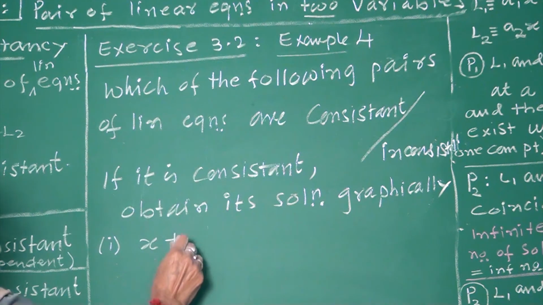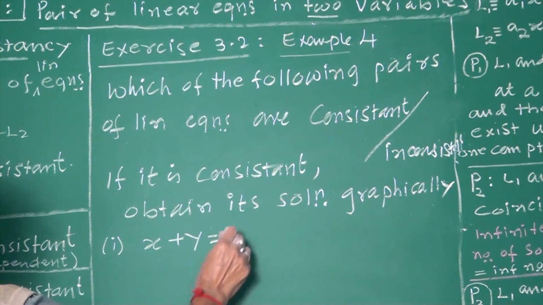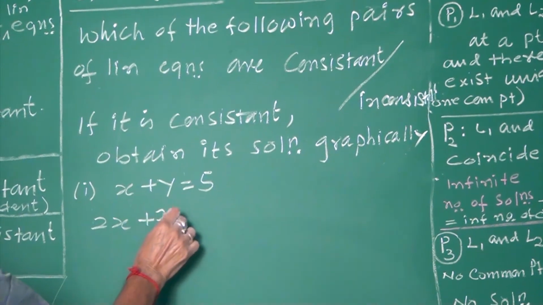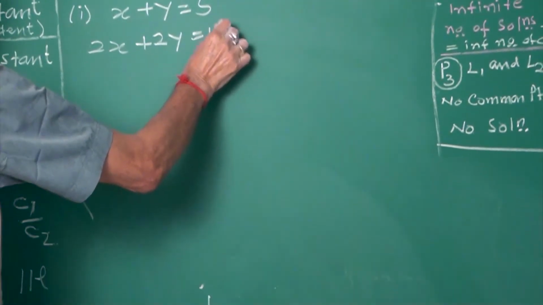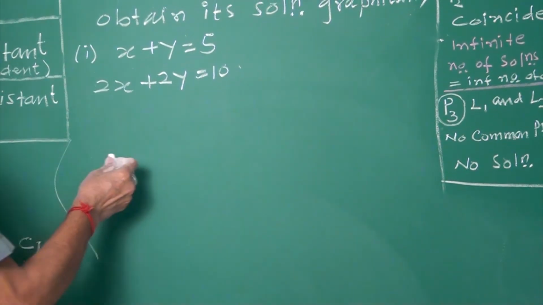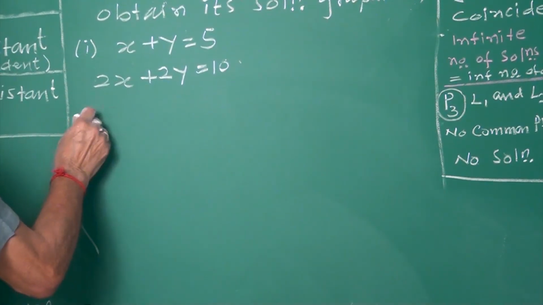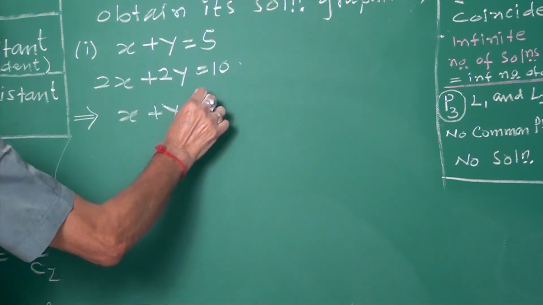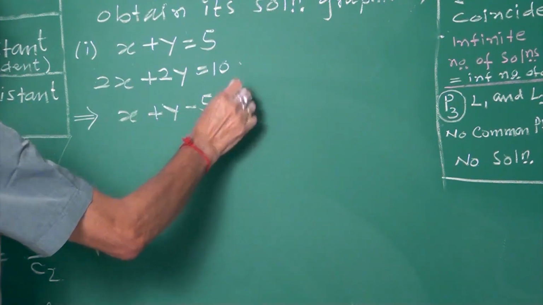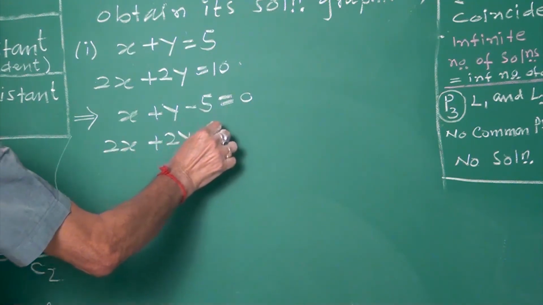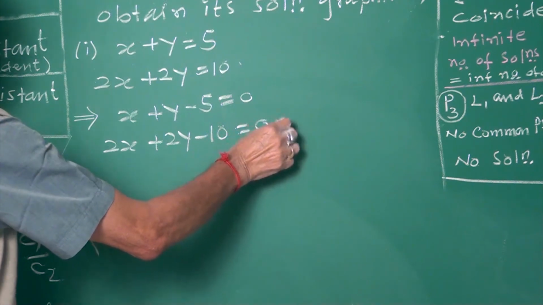Given equations are x plus y equal to 5, 2x plus 2y equal to 10. Yes, friends, this can be written as, taking this side, x plus y minus 5 equal to 0, 2x plus 2y minus 10 equal to 0.